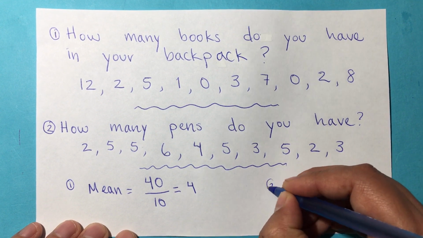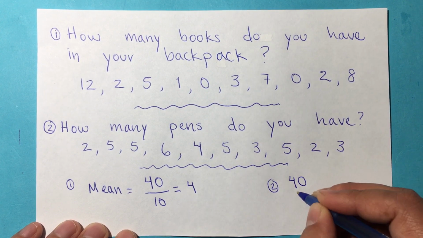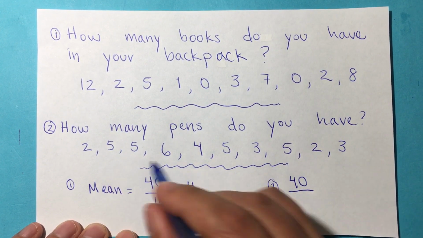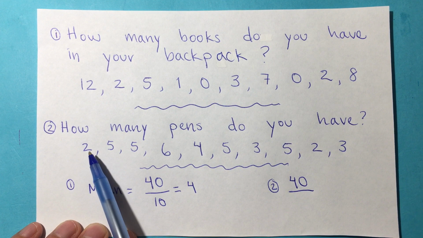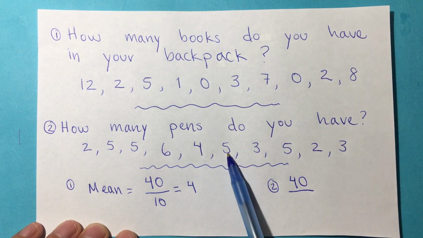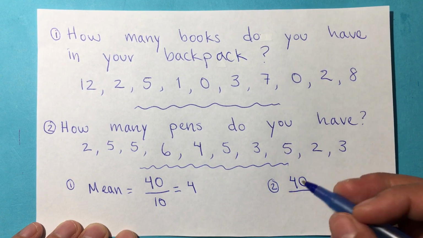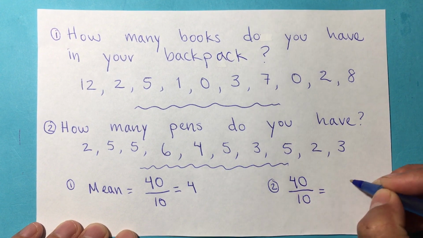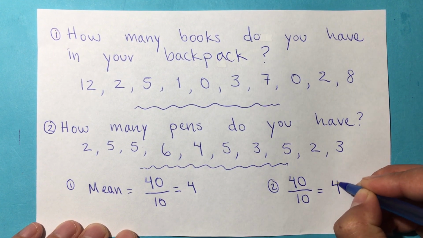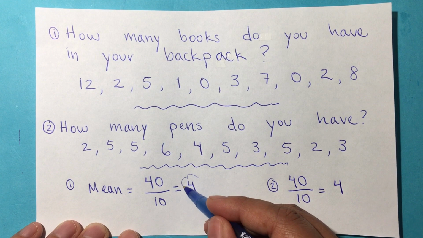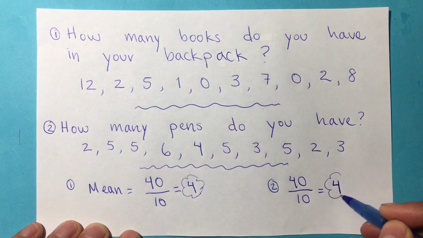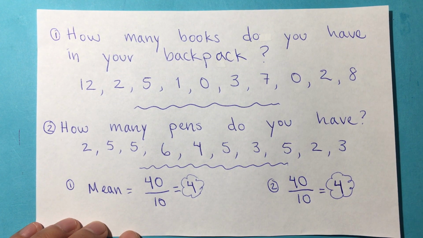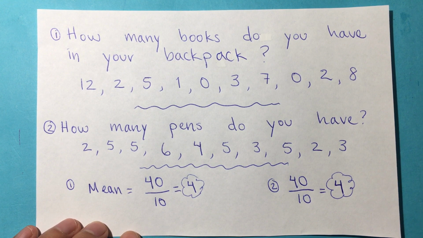So again, we got 40, and divided by, again, 10 items. So 1, 2, 3, 4, 5, 6, 7, 8, 9, 10. We divide and we have 4. Okay, so for both of them, we on purpose made the mean 4, and I'll show you why.